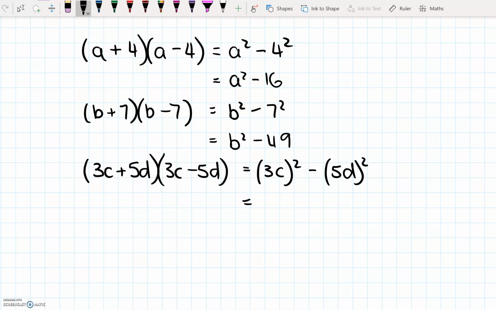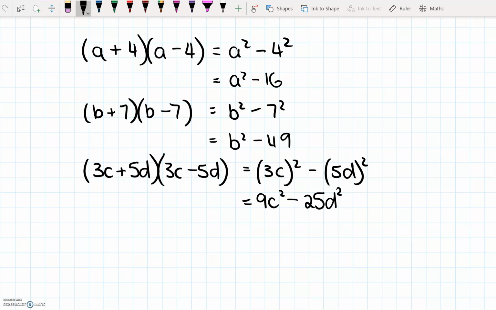If you don't use brackets, you will forget to square that first number, the coefficient. The coefficient is that number in front of your unknown, your variable. You must square the coefficient as well. So 3 squared is 9, so we get 9c squared minus 5 squared is 25d squared. Sorry, they should both also be squared.